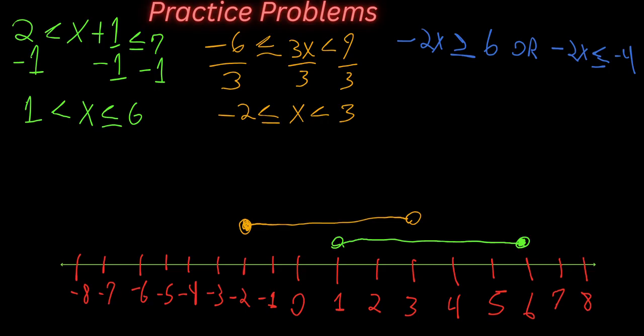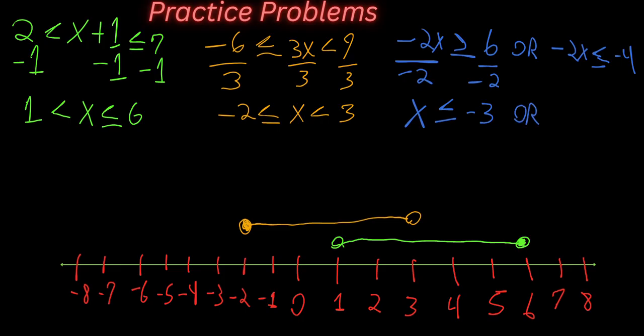Finally, we're working on an OR statement. Over here, top right in the blue, we have -2x is greater than or equal to 6, or -2x is less than or equal to -4. So now we solve these independently. We divide both sides by -2, and now you must use the very special rule we recently learned and flip the inequality sign. Now we find x is less than or equal to -3, right?